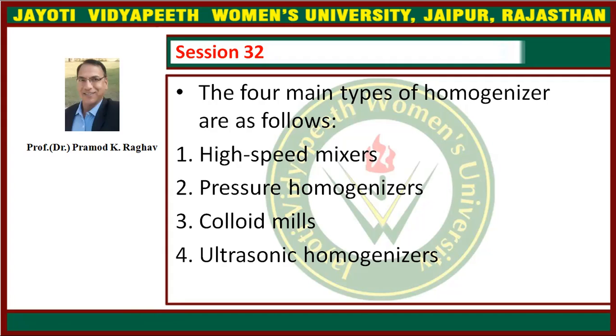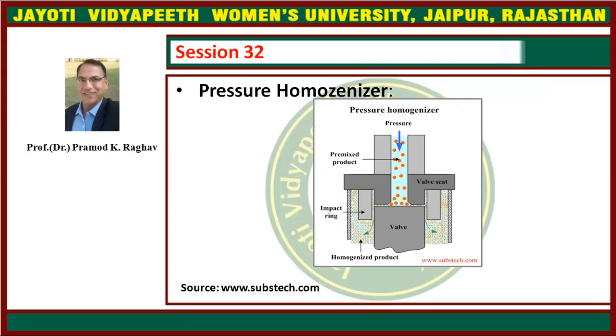This pump is fitted with a homogenizing valve located towards the discharge end. Let me go to this diagram. Here you can see a valve fitted on the discharge end, with a valve seat in it, and the pre-mixed product is being fed and pressure is applied onto it.